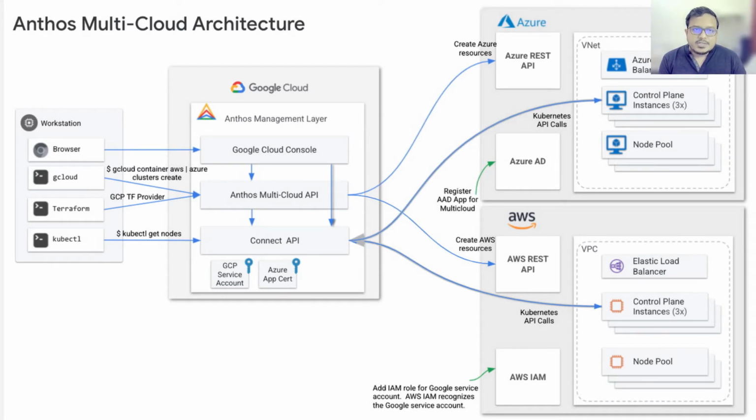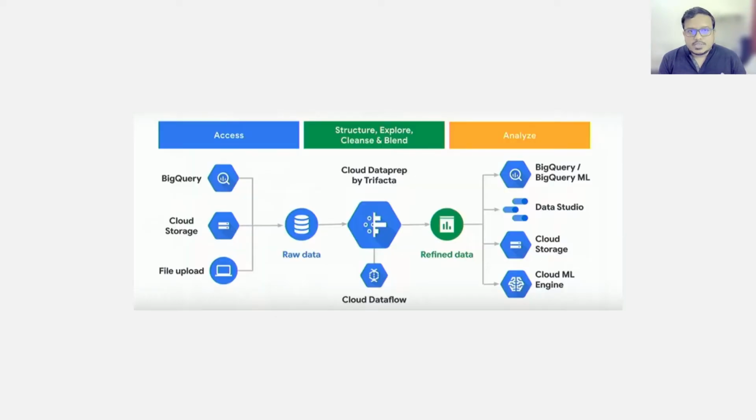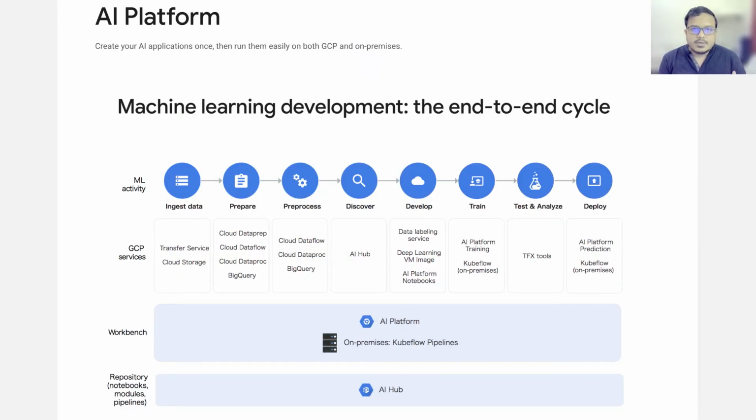Another differentiator is Google's prowess in analytics and artificial intelligence. These are two strong points of Google, and GCP offers fully managed serverless analytics products and services to eliminate the constraints of scale, performance, and costs.